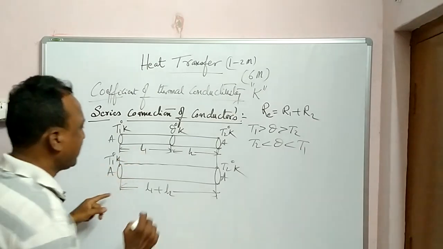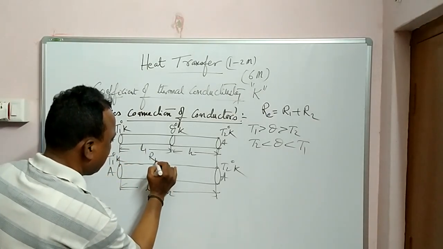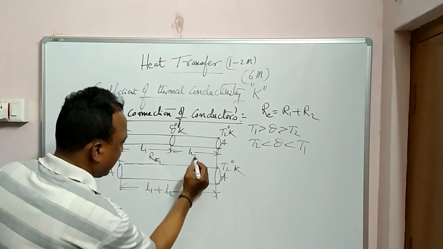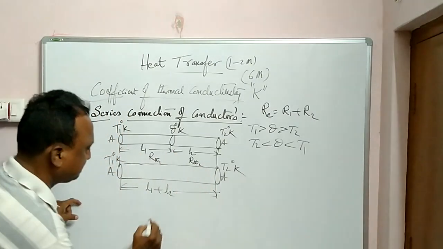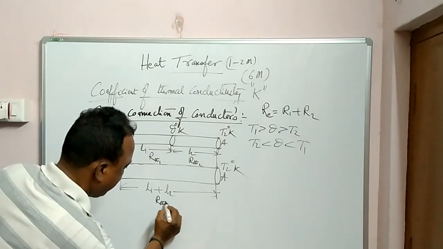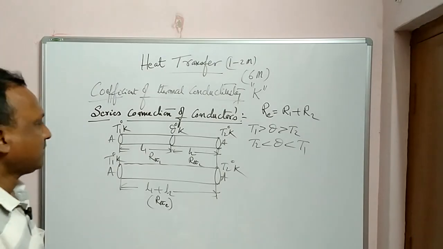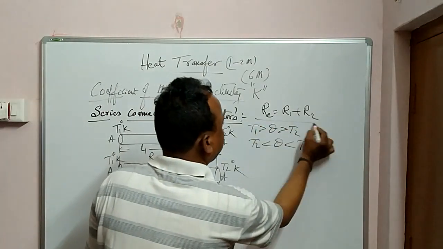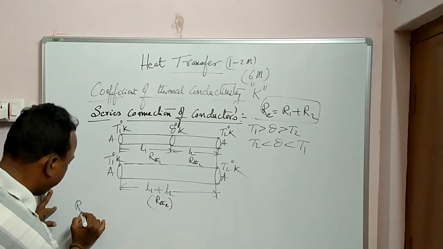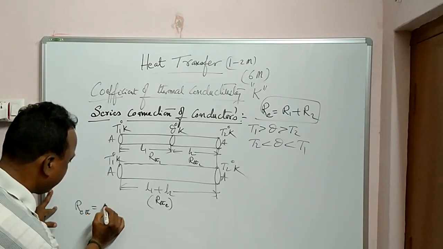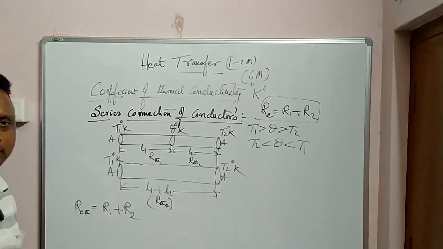Suppose here R thermal 1, here R thermal 2, and here R thermal effective. So we put the formula here: R effective thermal is equal to R1 plus R2.